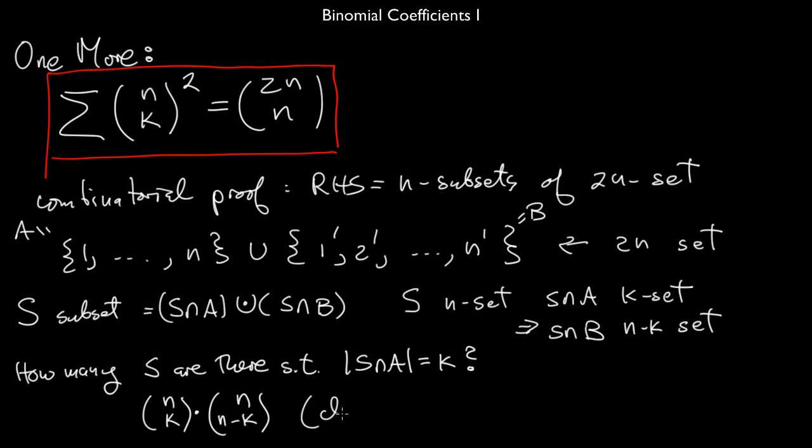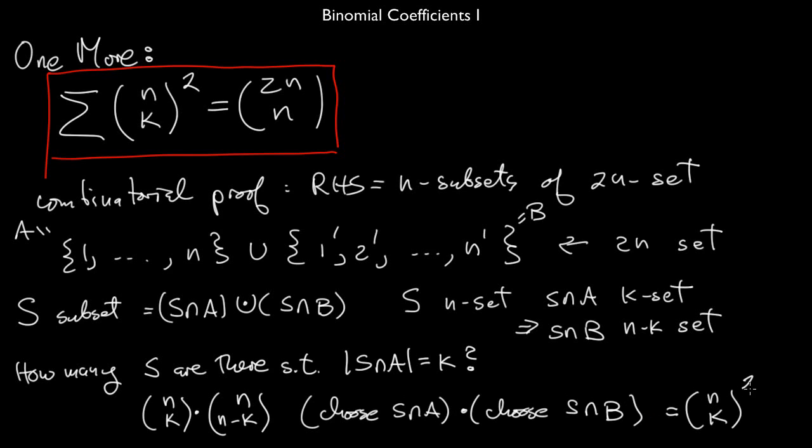So this product is the number of ways of choosing S intersect A times the number of ways of choosing S intersect B, such that S intersect A has order k. Okay, and well, this number is n choose k squared because, of course, n choose n minus k is equal to n choose k. So there's my n choose k squared term. That's encouraging.